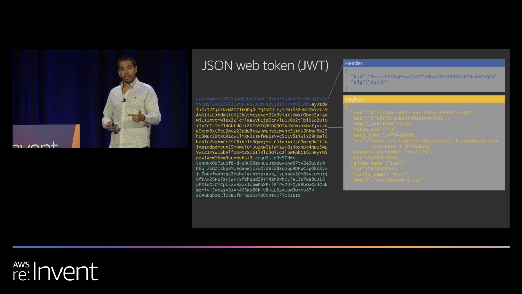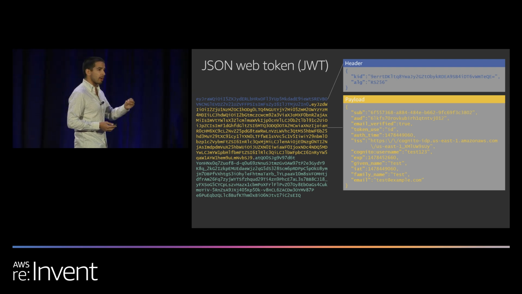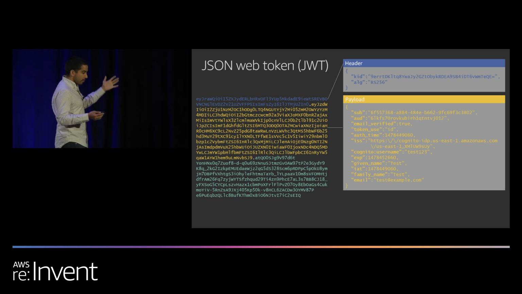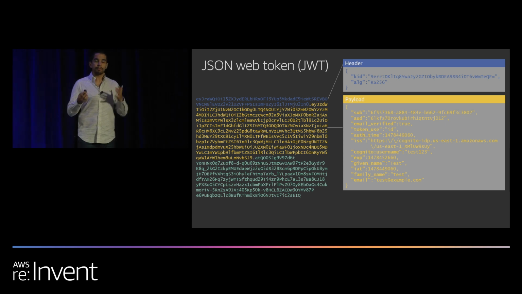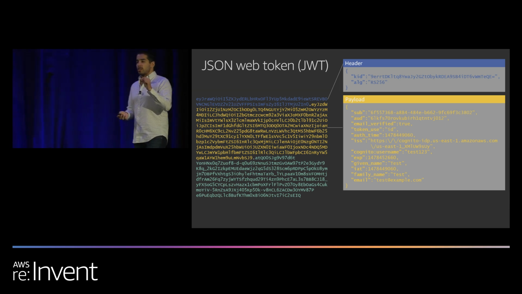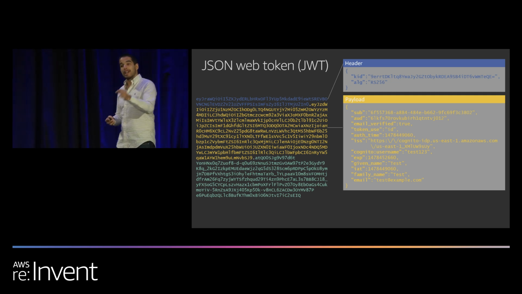The payload of the token contains all the identity claims, and this is the meat. This is what you really want to know as a developer, because here you can have things like username, email address, date of birth, first name, whatever it is that you're collecting from your user. If you're using Cognito user pools as your identity store, you can configure multiple additional claims by using custom attributes.